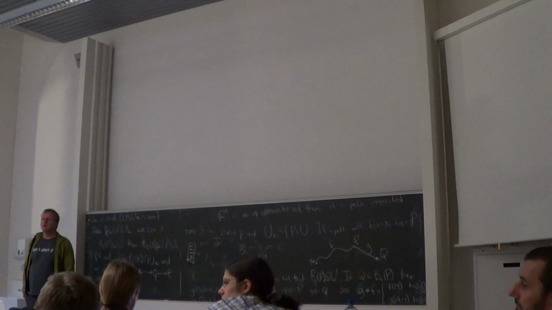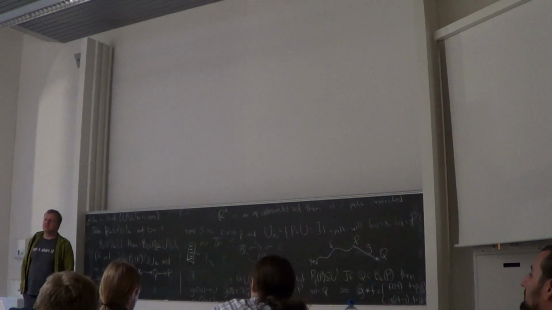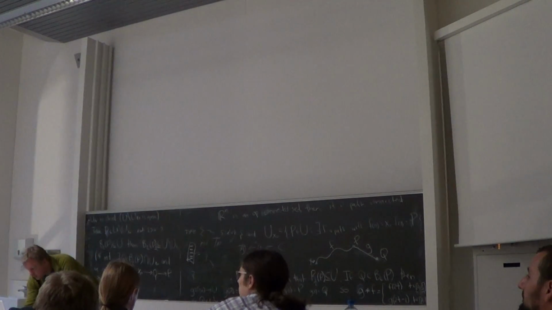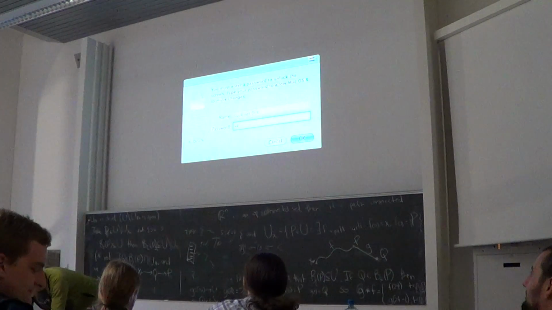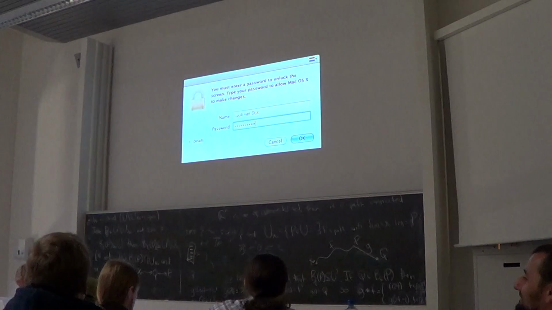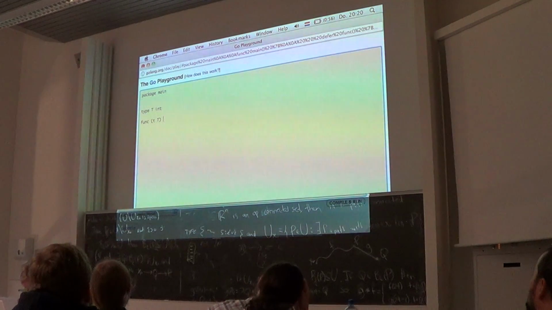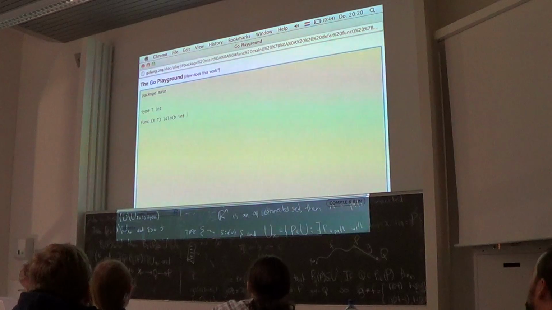How does that work for methods? A method is just a function. Look, I'll show you on the computer. Type T int. Now I will define a method. T la b int, return a plus b.